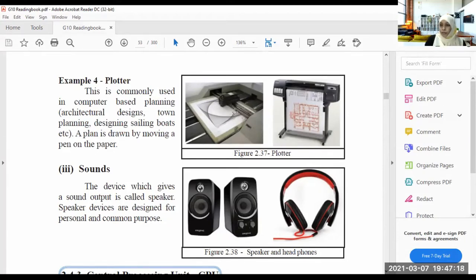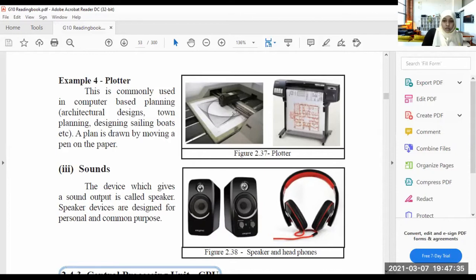So there is a small pen here. When this pen is moved, whatever plan we gave to the computer will be printed out for us.